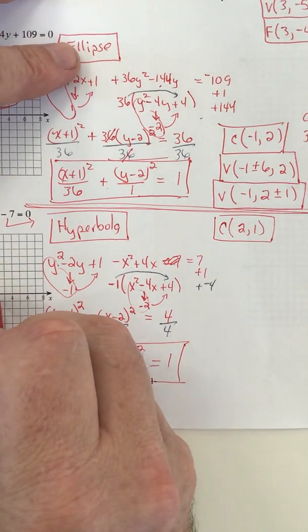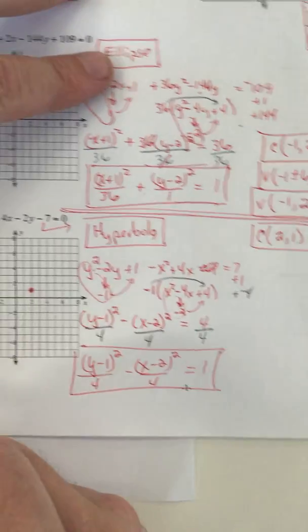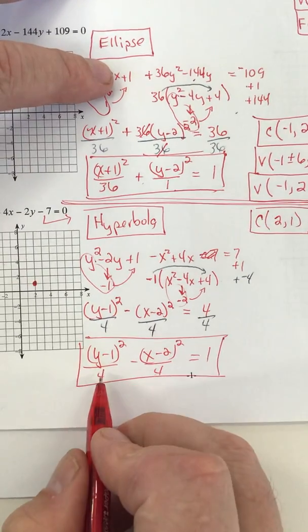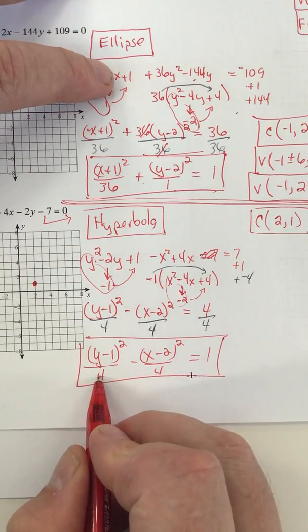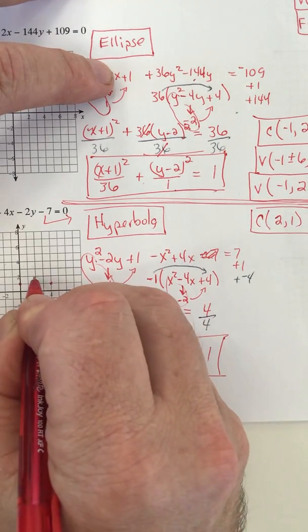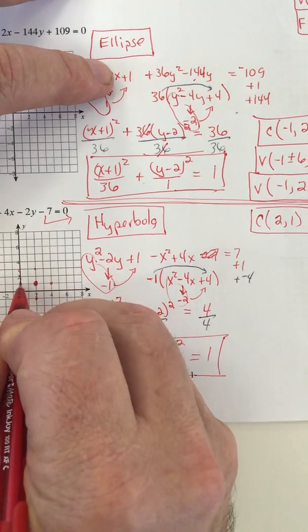So right there's my center. Oops, right there's the center, 2, 1. Now it's going to go sideways 2, up and down 2, and sideways 2. So 1, 2, 1, 2, 1, 2, 1, 2. So I'm going to make the box out of that.